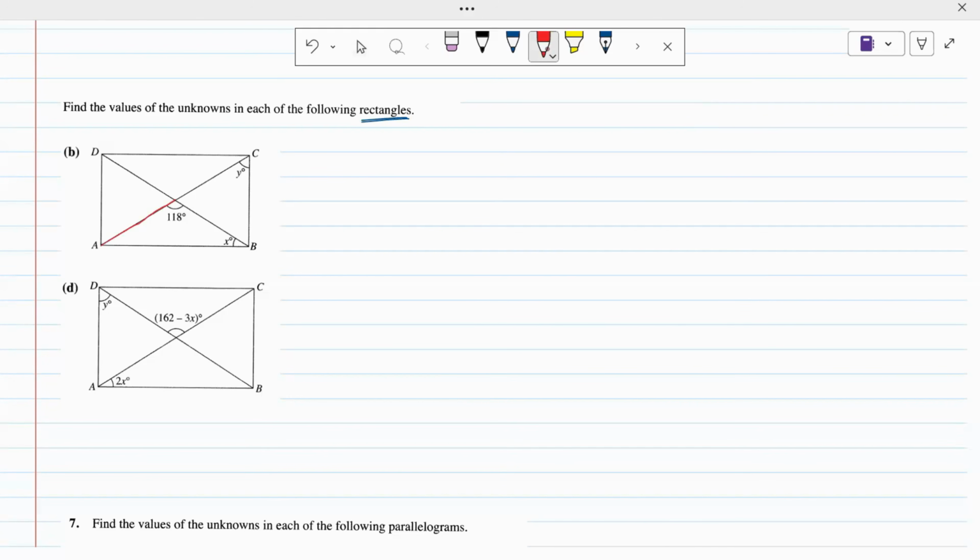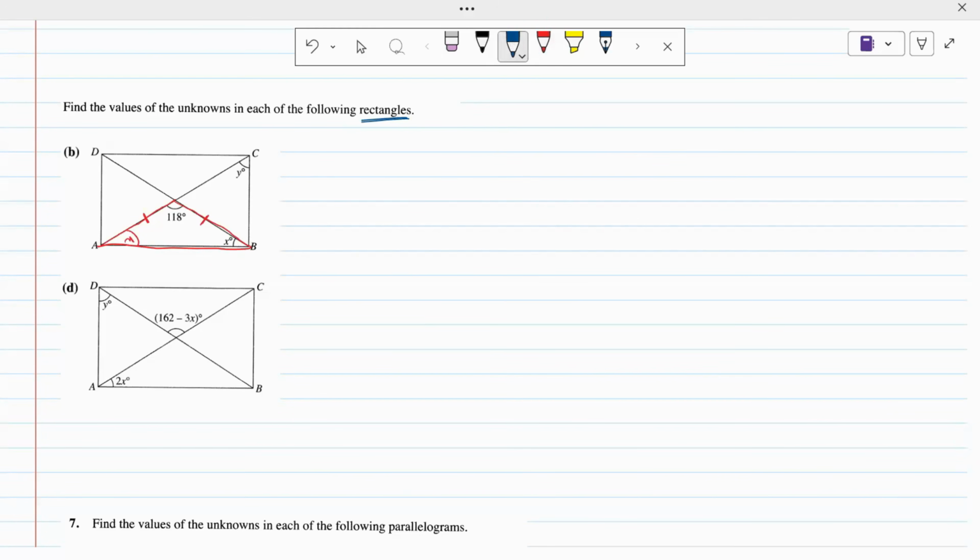This side and this side are equal, and in an isosceles triangle the angles opposite the equal sides are equal. So this will also be an X for us.